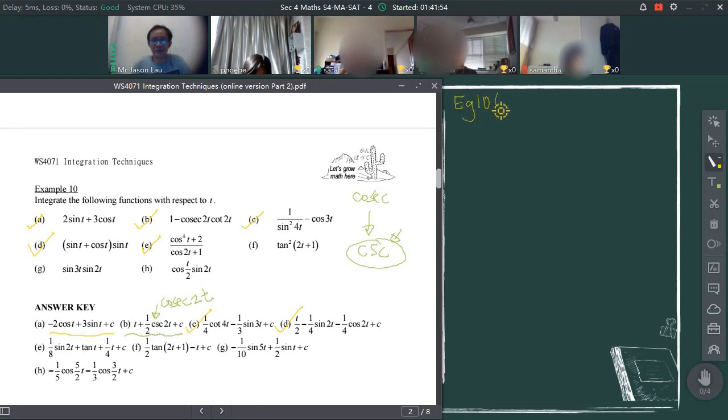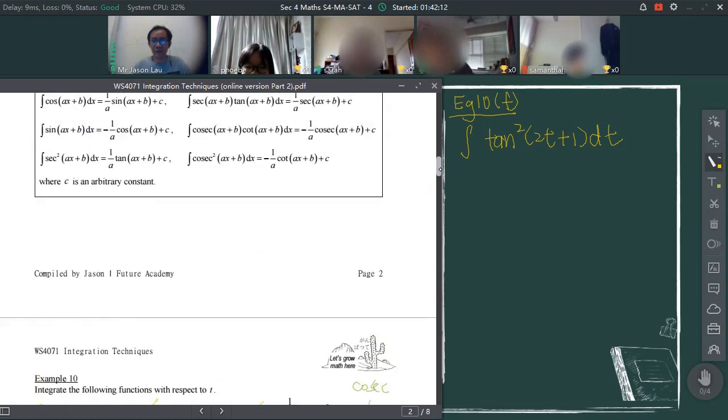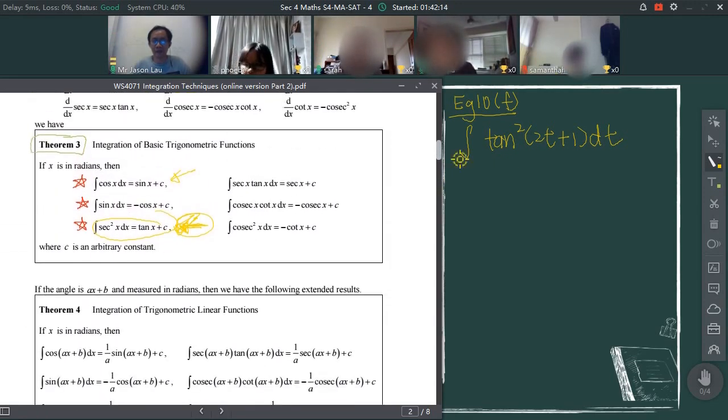Work hard. So we do F. Okay. Yeah, F. Integrate tangent square. Just one term, but if you take a look at the formula list, there's no such tangent square thing.